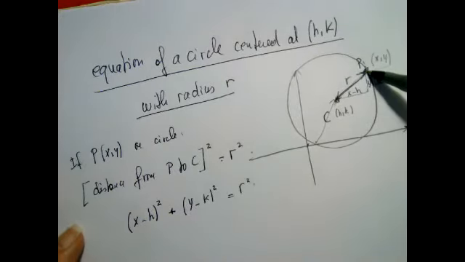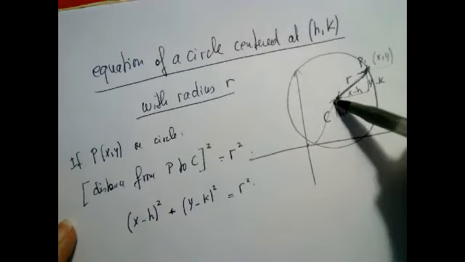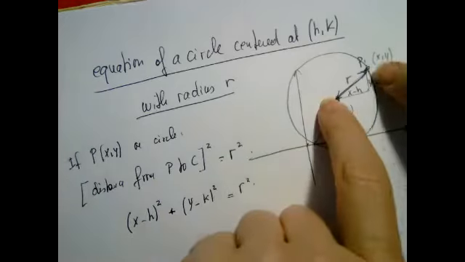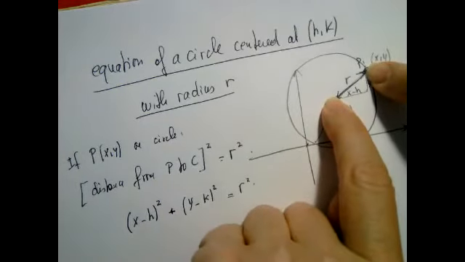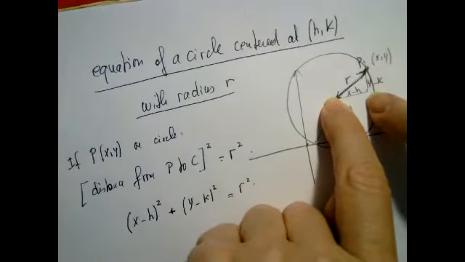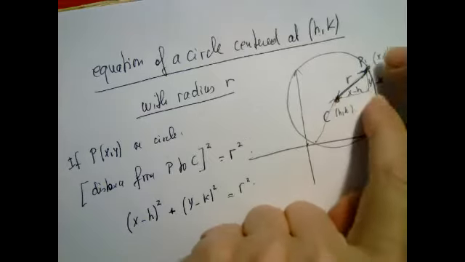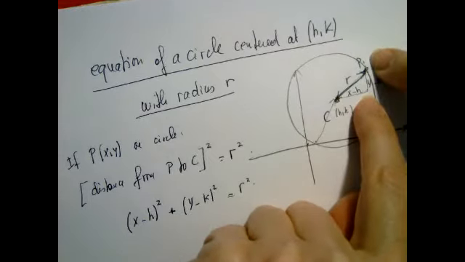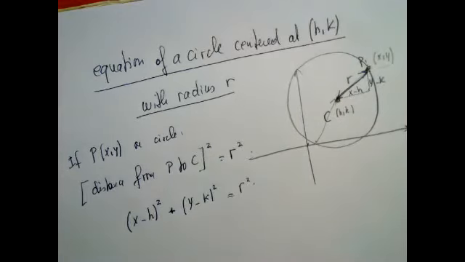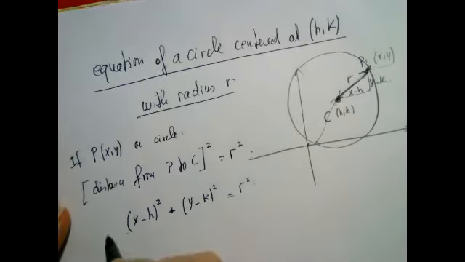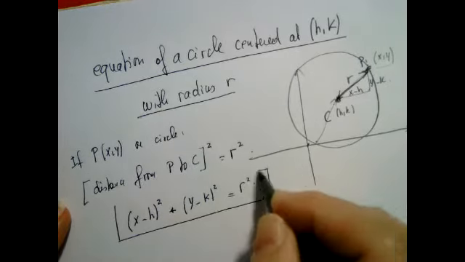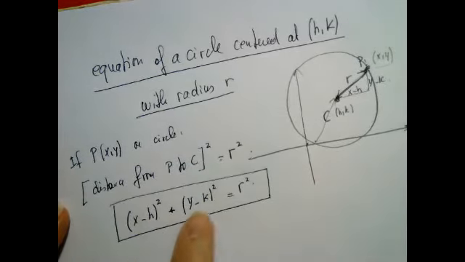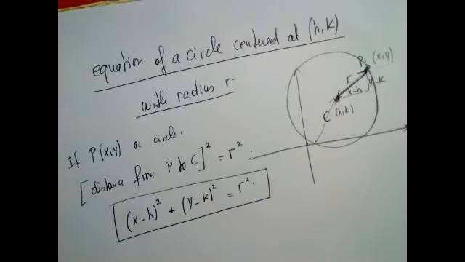So if a point is on the circle, the relationship between x and y is the following. The distance from here to here is a fixed number. Now what's the distance? (x minus h) squared plus (y minus k) squared, the square root of that. But to write the equation in an easy way, we take the square of both sides. And that's really the equation of a circle centered at (h, k) with radius r. And that's the equation we're going to start practicing today.